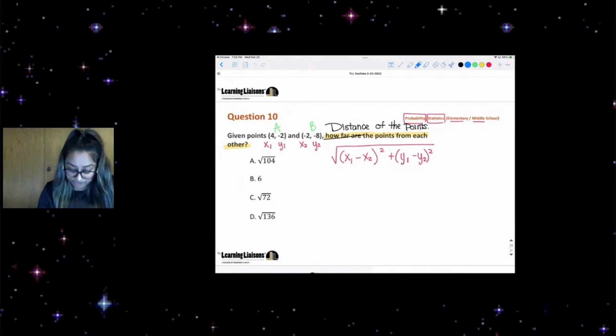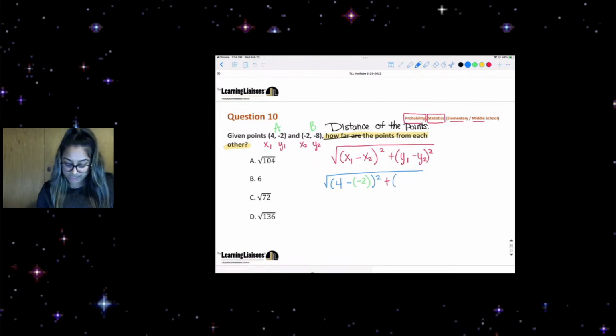Now let's plug in what we know. I know that x1 is 4, and I'm subtracting x2, which is negative 2. And I'm squaring all of that. I am then going to do my y's. I'm adding them.